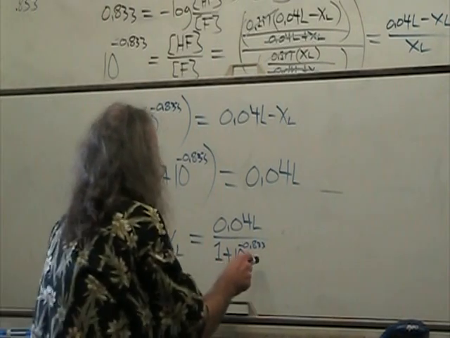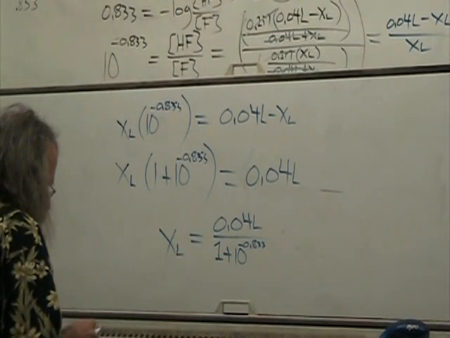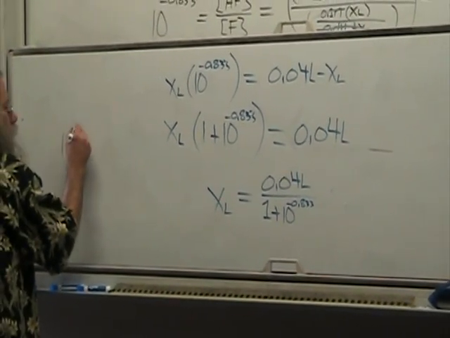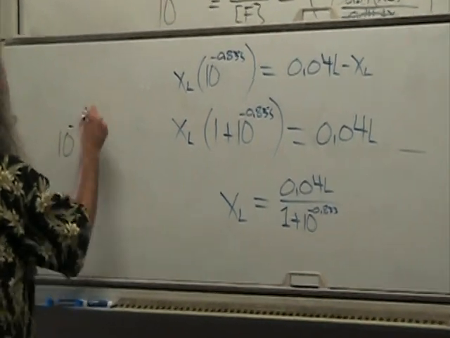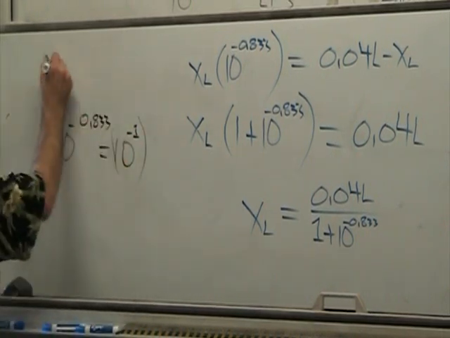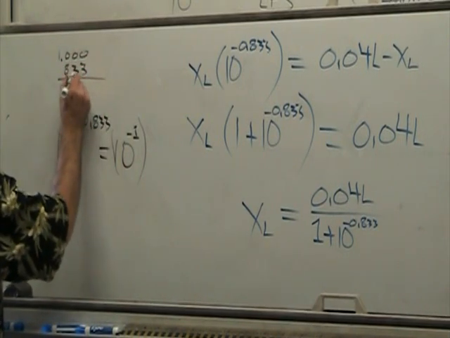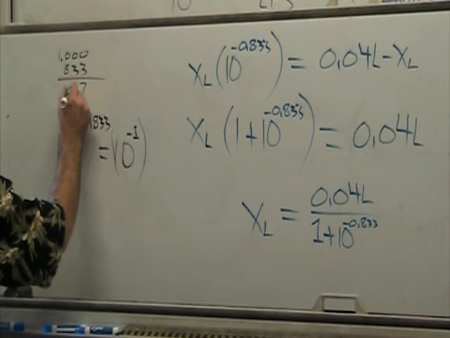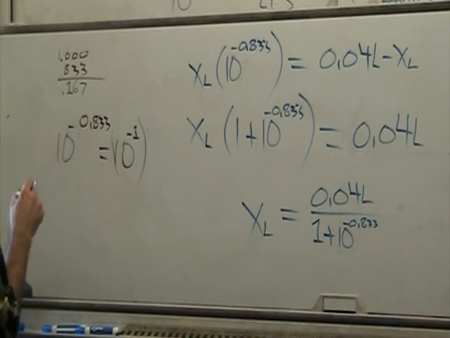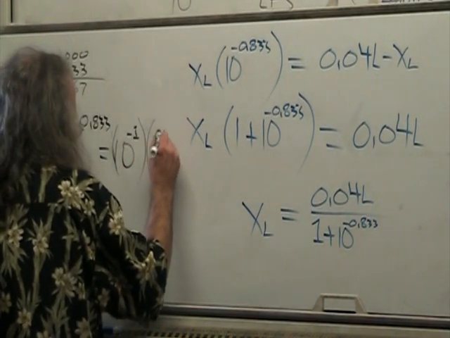Okay, I can handle this, but it's going to be very interesting. 10 to the minus 0.833 is equal to 10 to the minus 1 times, and I do the complement, 1.000 minus 0.833, which is 0.167. So it's 10 to the minus 1 times 10 to the 0.167.